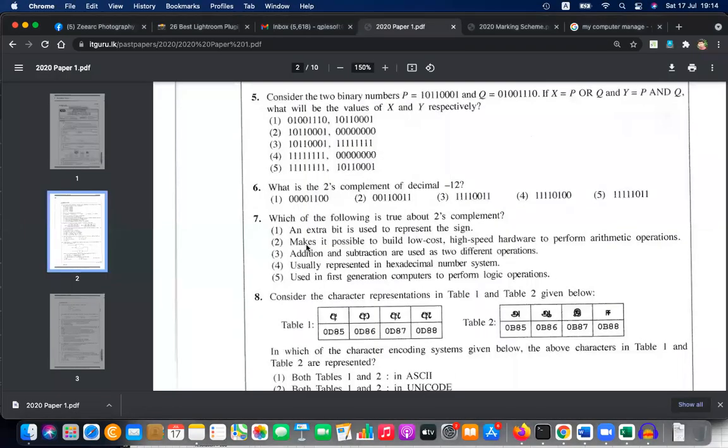Right, let's revert back. What is the 2's complement of decimal number minus 12? How to find the 2's complement? Who's going to tell that?